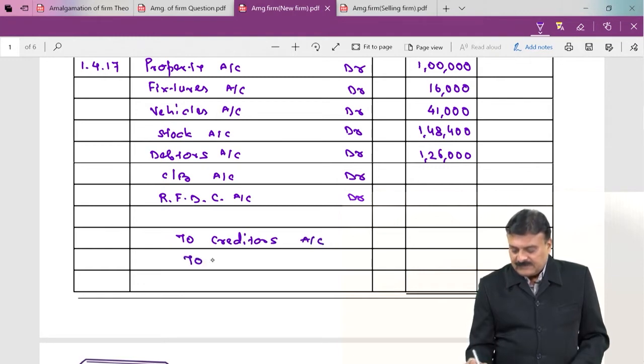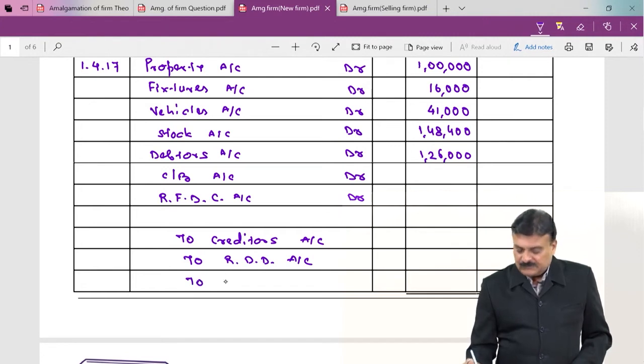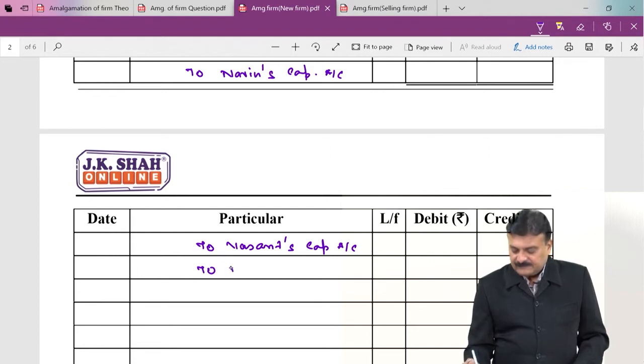You also had reserve for doubtful debts, there is provision for doubtful debts on debtors, so RDD account, and then all the 4 partners, so Naveen's capital account, Vasant's capital account, third one is Das capital account, and last one is Chatterjee's capital account.